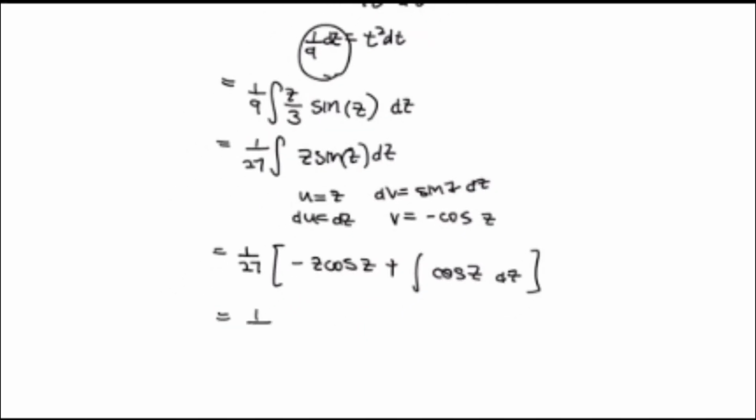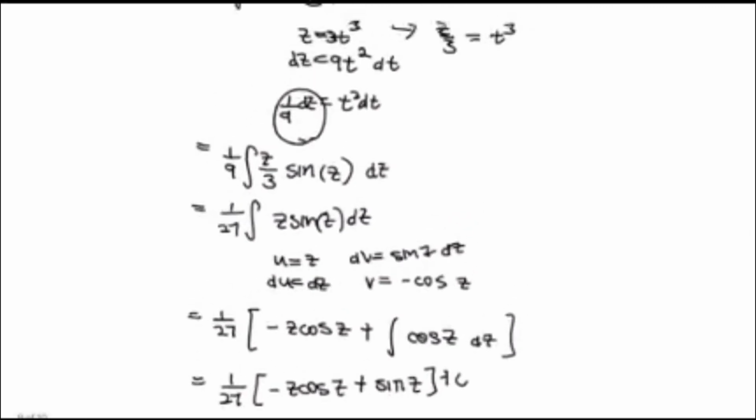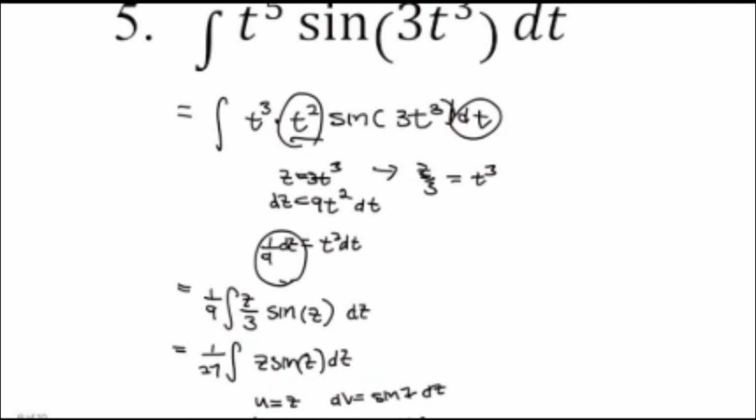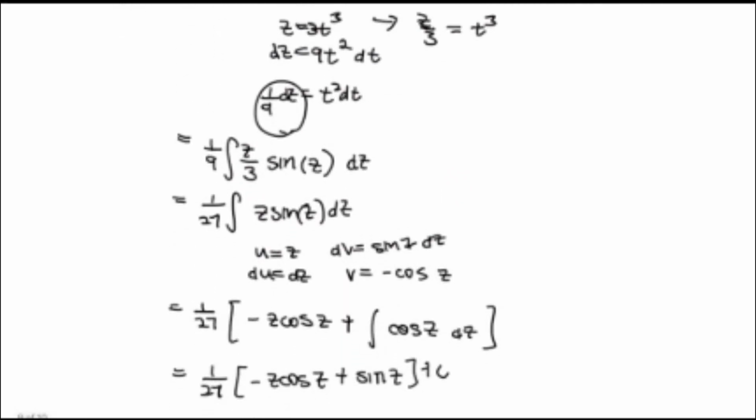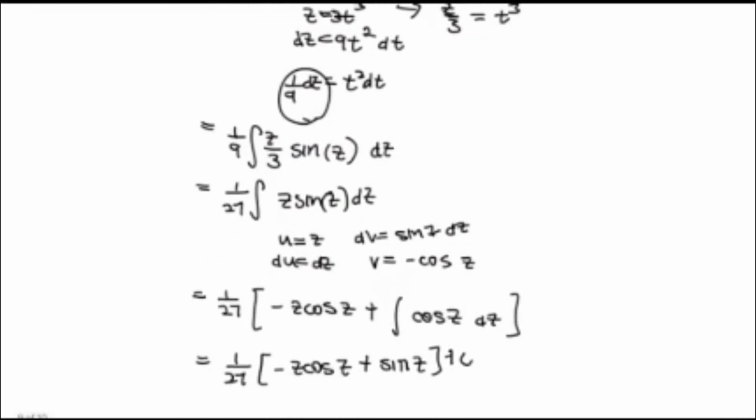So 1 over 27 times negative z cosine z, and then the integral of cosine z would just be sine z, right? And then plus c. But one thing we should do before we go would be to substitute in z, right?